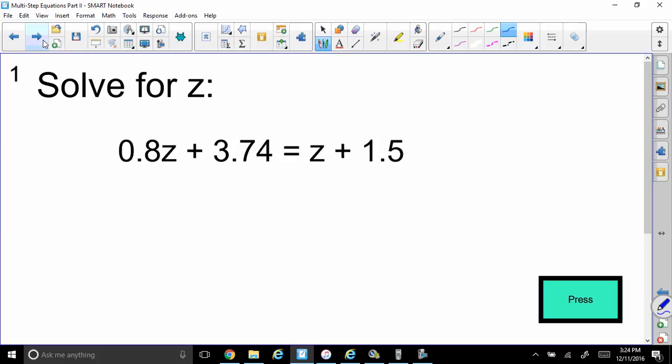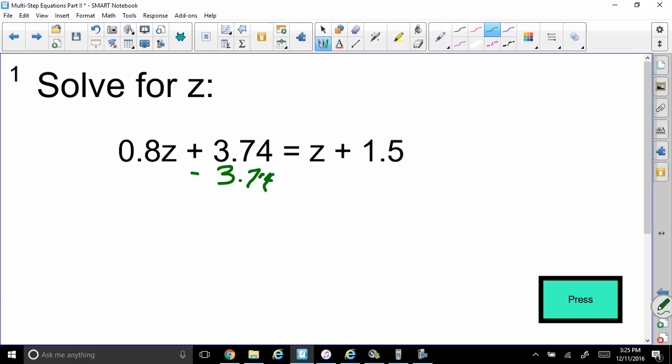So let's look at the equations. Here's our first equation. Solve for z. We have 0.8z plus 3.74 equals z plus 1.5. Our first objective is to get all of these numbers to the same side by using the additive inverse, which means the opposite.